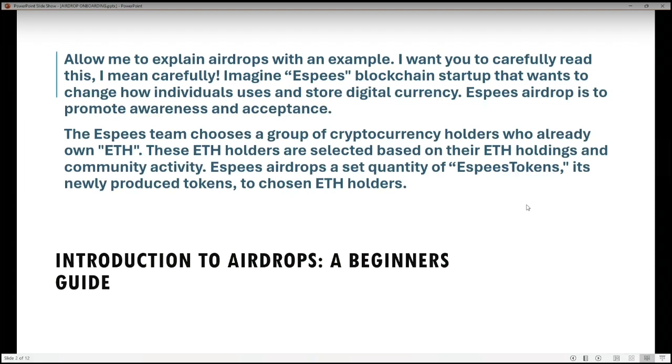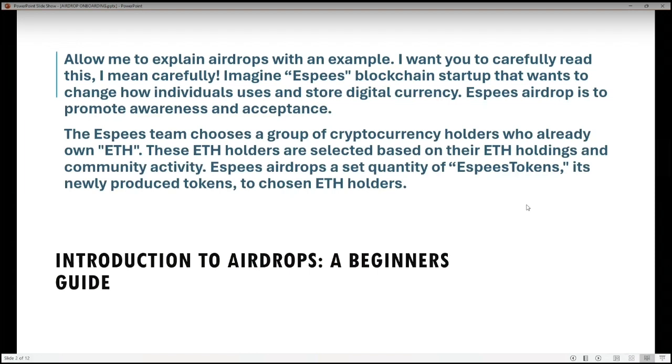And then they can also say that we'll only give out a token to this particular set of persons that are holding this amount of Ethereum. Are you guys getting it? So SP's airdrop is a set quantity of SP's tokens, newly produced tokens, to chosen Ethereum holders.